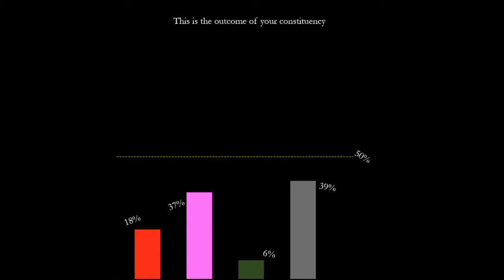So, looking at the constituency that we're in, there have been 4 political parties that have had votes cast for them. In your constituency, it'd generally be a lot more than 4, unless you're living in maybe Northern Ireland.